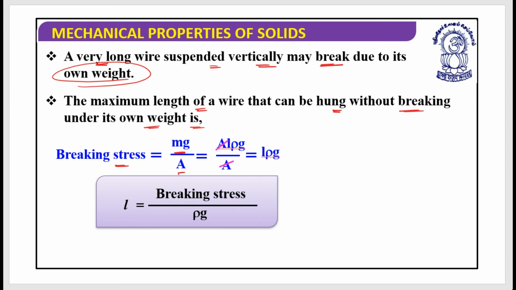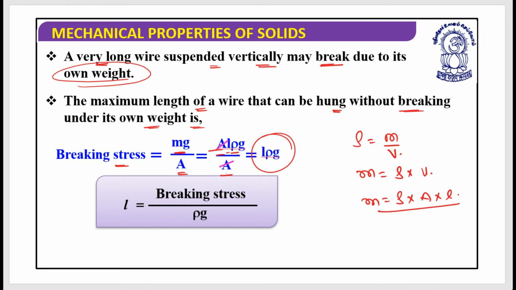Breaking stress is equal to mg divided by A. Density is mass by volume, so mass can be replaced as density times volume, and volume as area times length. Replacing mass with density into length into area into g, divided by area, the area cancels and I am left with L rho g. This is the breaking stress, so this would be the maximum length of a wire that can be hung without breaking under its own weight. I hope this is clear.